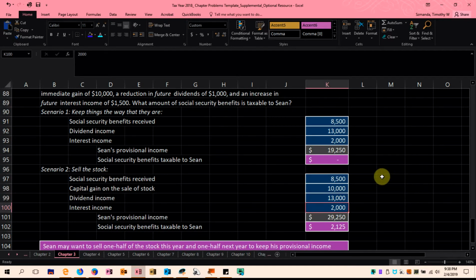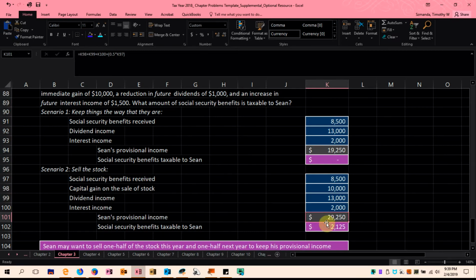This has elevated his provisional income to $29,250, because he sold all the stock and earned a capital gain of 10 grand. Because he's elevated his provisional income above the $25,000 lower limit threshold, some of his Social Security benefits are going to be subject to taxation.